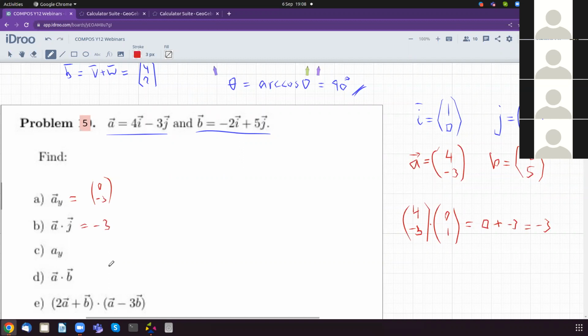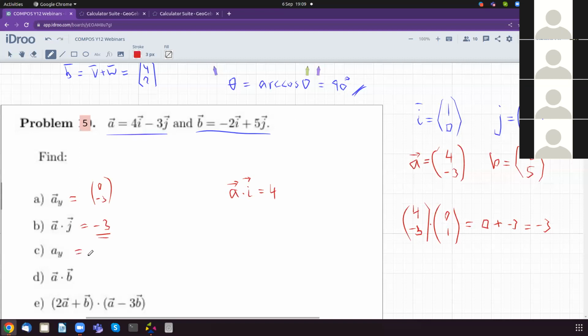And it's not a coincidence. The dot product of A and the J vector is the y component. If you do A times I, you will get 4, because multiplying the vector by the base vector gives you the component, gives you the coordinate.